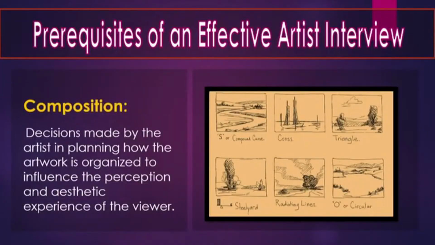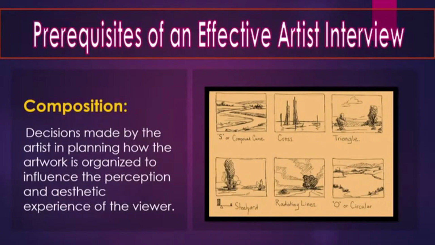When we talk about composition, what you, the student, would want to do is understand the decisions made by the artist in planning how the artwork is organized. And here we have some examples of compositions. We have the S composition, or the compound curve. We have the cross, the triangle, the steelyard, the radiating lines, and we also have the O, or circular composition.